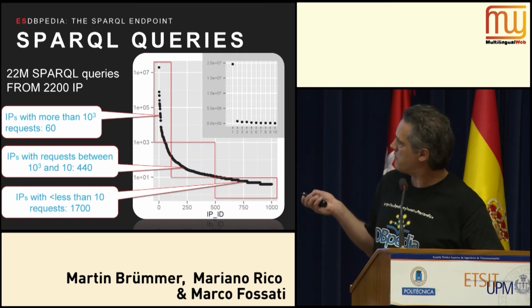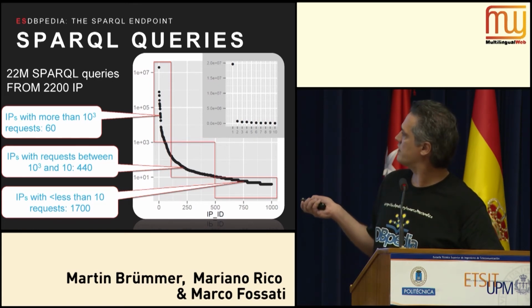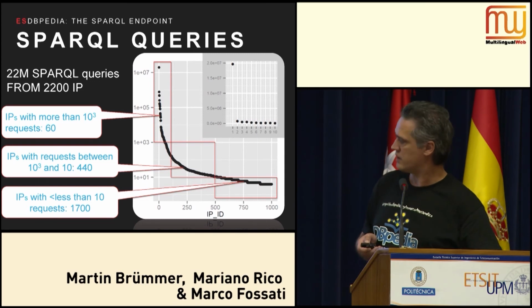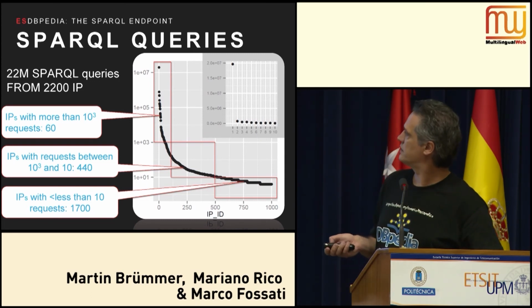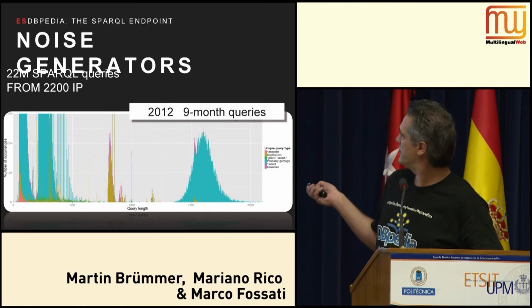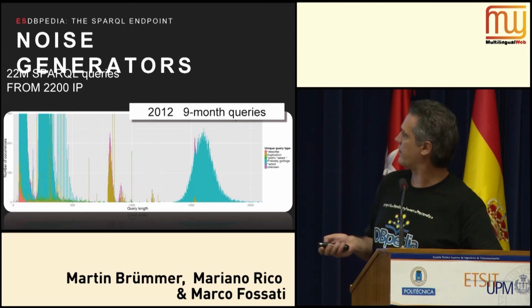And you have more conservative with requests between 1,000 and 10 queries. And you have the long tail here with people with less than 10 queries. So these are the noise generators. You have to take care with these guys that are probably asking for silly things.